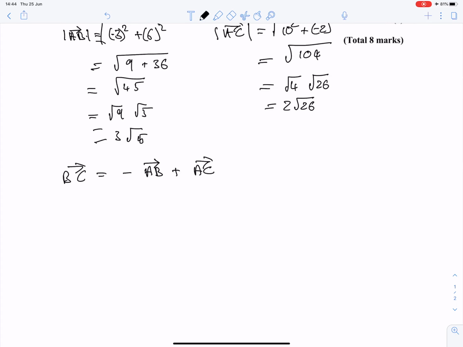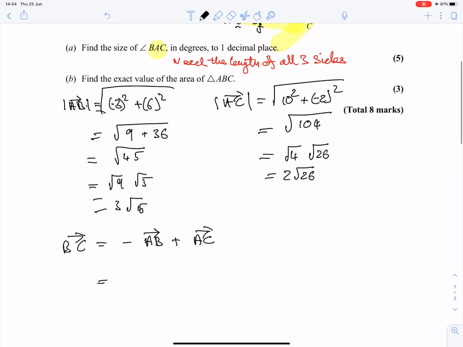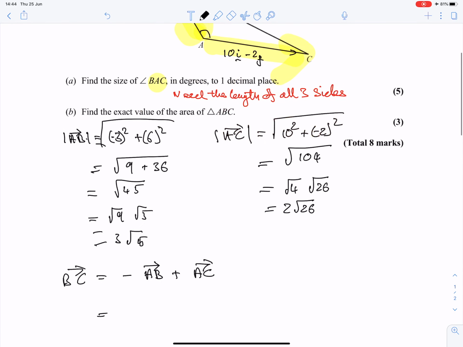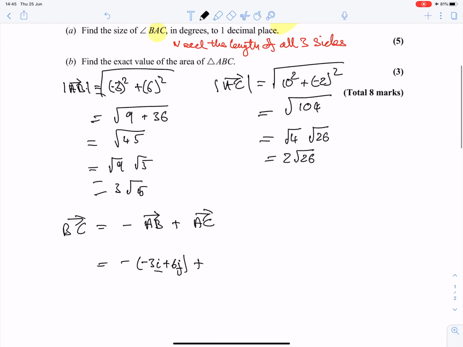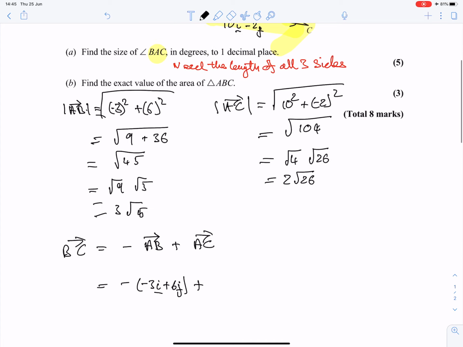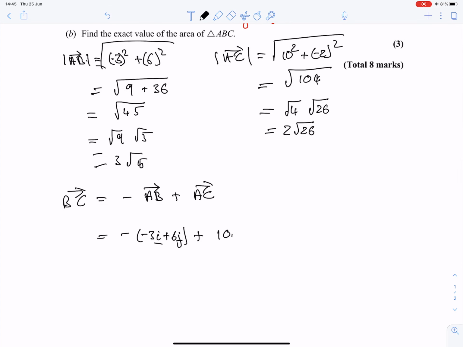So negative AB is the negative of negative 3i plus 6j, plus AC, which is 10i minus 2j, which gives us 13i minus 8j.